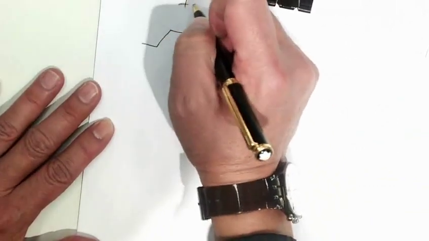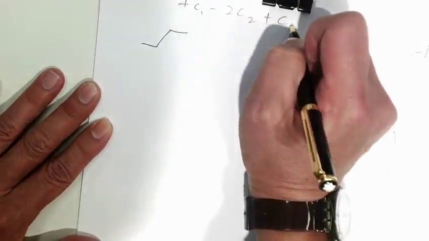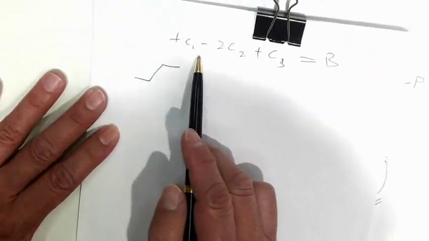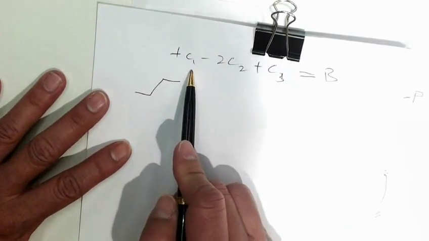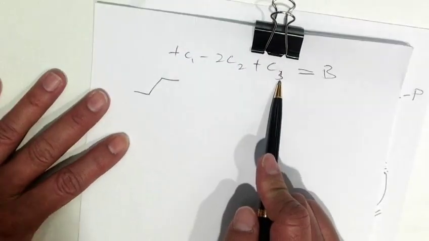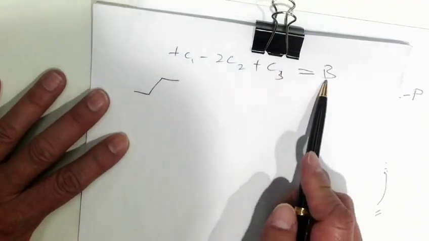So what? Long 1 call, short 2 calls plus long one call, right? This is a butterfly, right? Long a lower strike, short 2 medium strike, long 1 more higher strike gives you a butterfly.